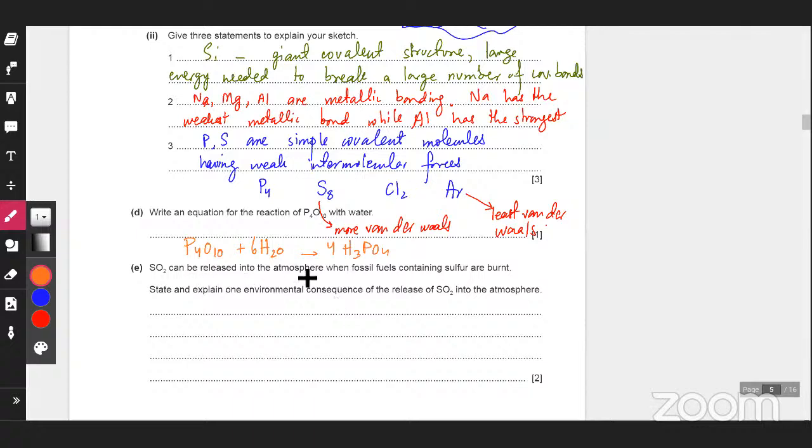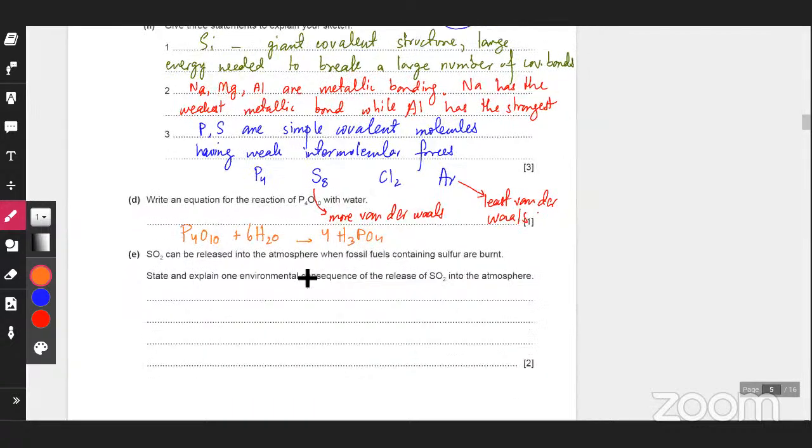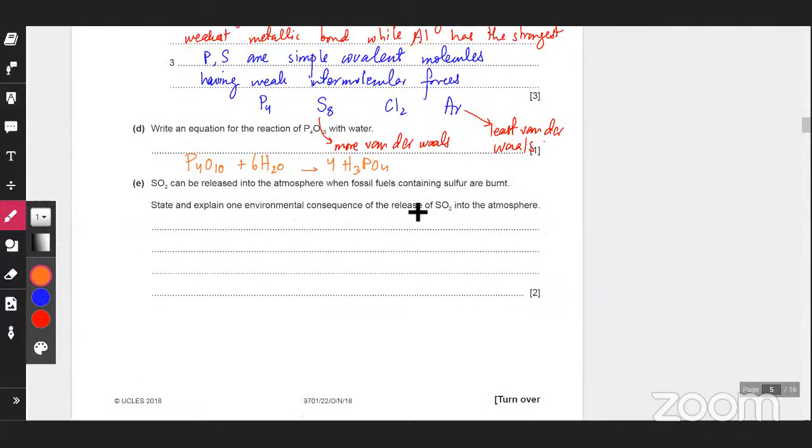As I said, SO2 can be released into the atmosphere when fossil fuels containing sulfur are burned. State one environmental consequence of the release of SO2 in the atmosphere. So what happens? He's specifically, I don't think he's asking for any explanation. What's the environmental consequence? I think they've given you enough lines. You should add that SO2 reacts with NO2 in the atmosphere and ends up forming SO3. And NO in the process gets oxidized back.